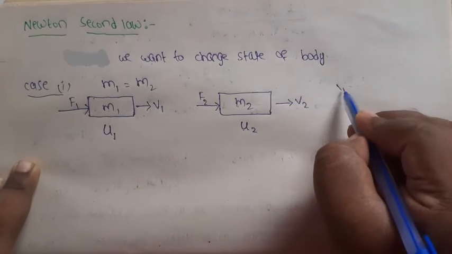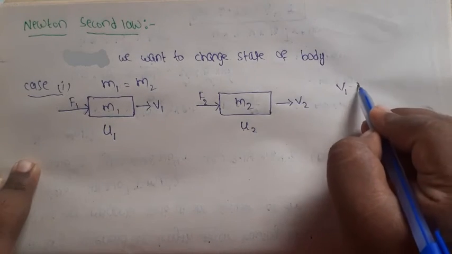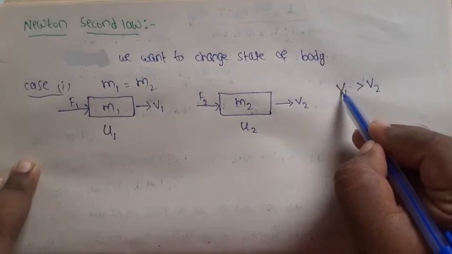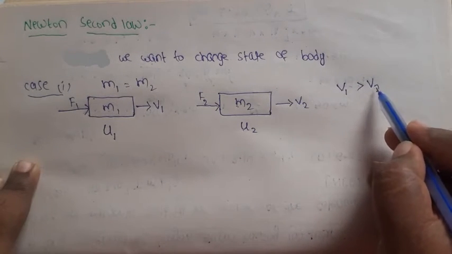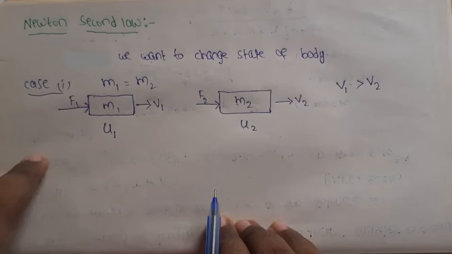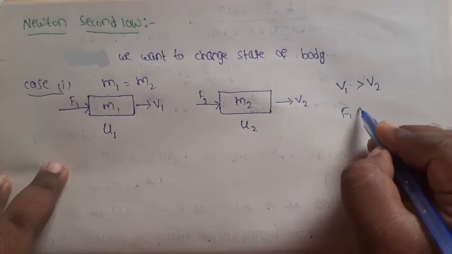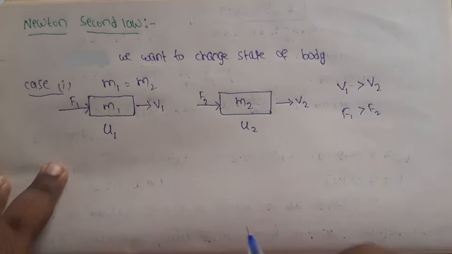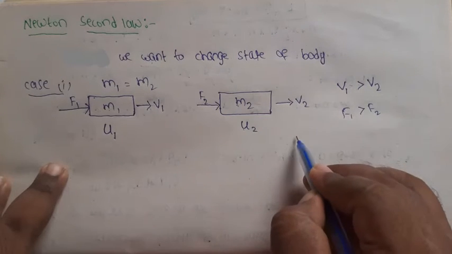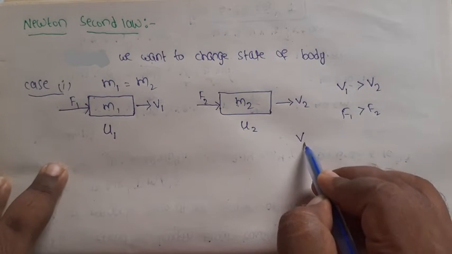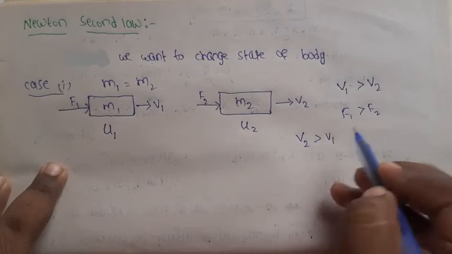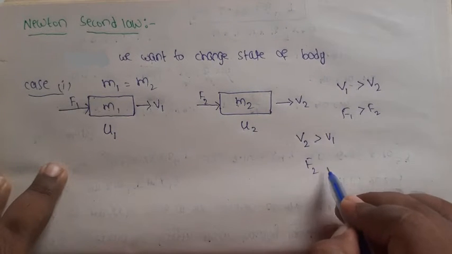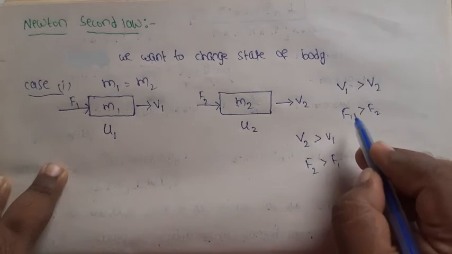If we require the final velocity v1 to be greater than v2, how much force do we need to apply? f1 is greater than f2. Okay, this is the first condition. Next, if I need v2 greater than v1, how much force is required? f2 greater than f1.